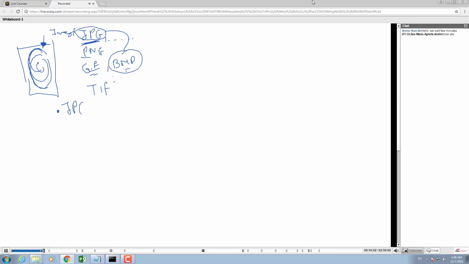When the image has the extension JPEG, what does it mean? It means that it has been compressed. The purpose of the compression is basically to reduce the size of images, or reduce the size of signals or data or anything, any digital data.